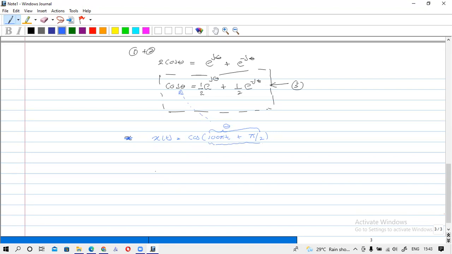So we can write this as x(t) equals half e to the power j, here j theta means this one, j(105t plus 5 by 2), plus half e to the power minus j(105t plus 5 by 2).